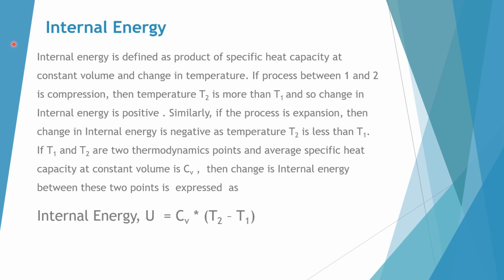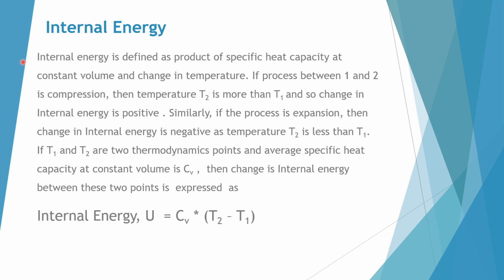Now, internal energy. Internal energy is defined as the product of specific heat capacity at constant volume and change in temperature. If the process between 1 and 2 is compression, then temperature T2 is more than T1, and so change in internal energy is positive.